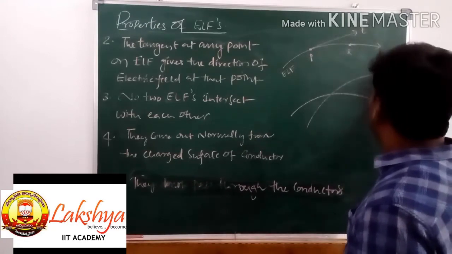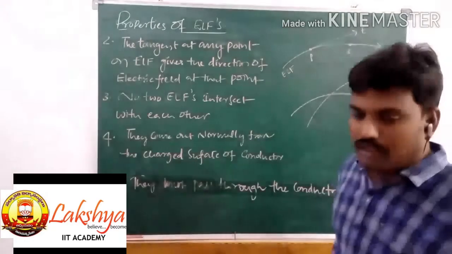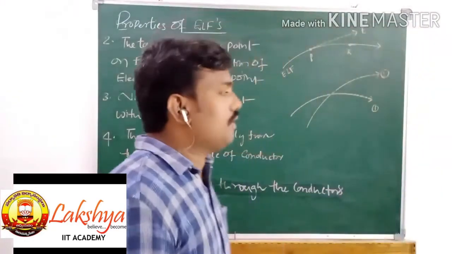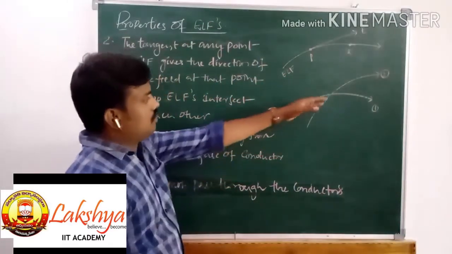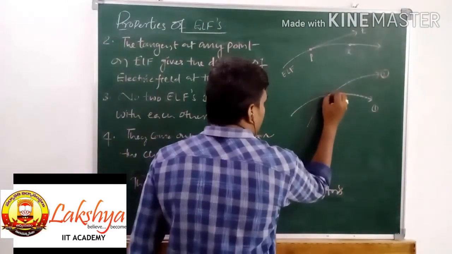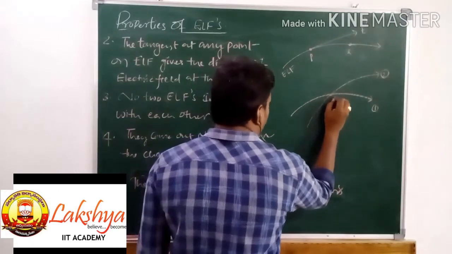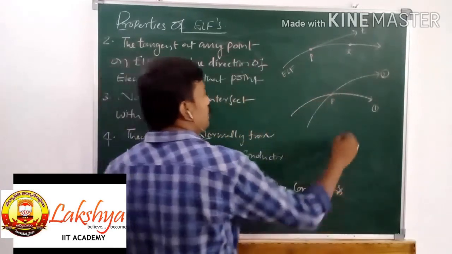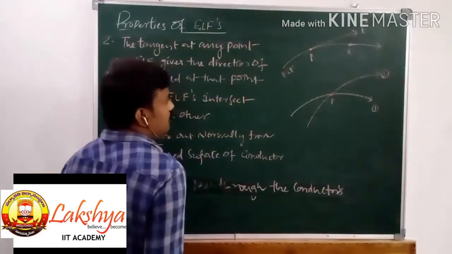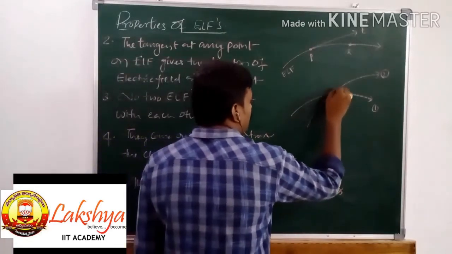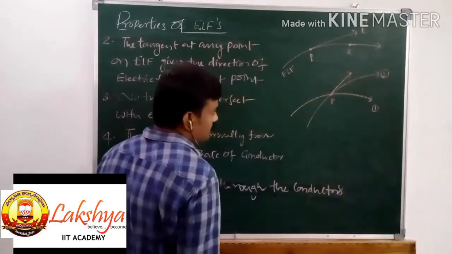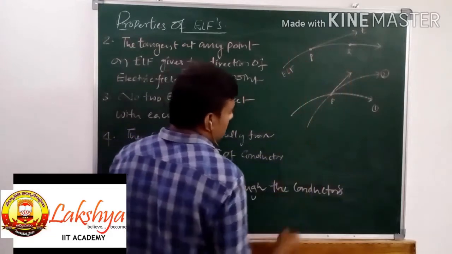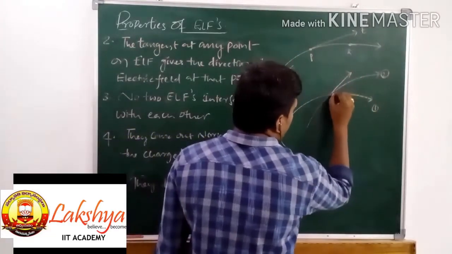Let us suppose these two intersect like this. Let us take this point as P, and at this point, if you want to note the direction of the electric field, you have to draw one tangent in this direction and another tangent in this direction.